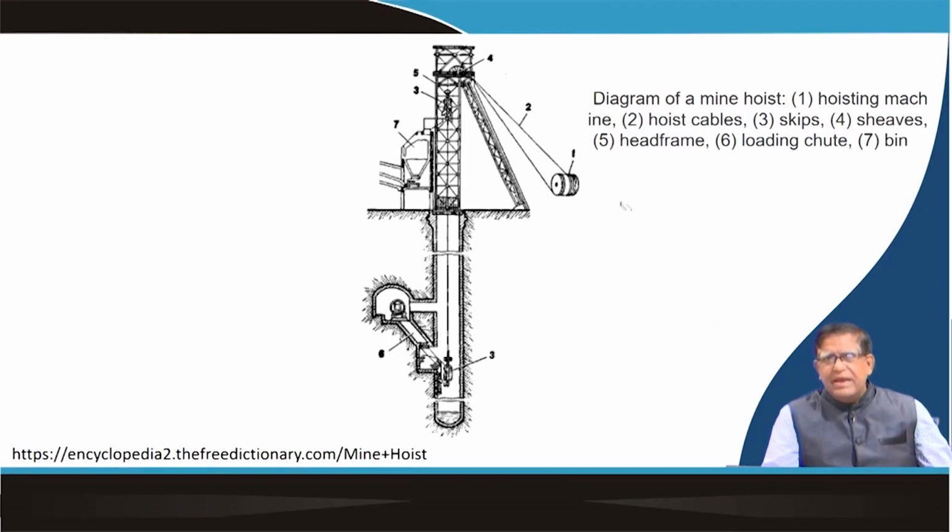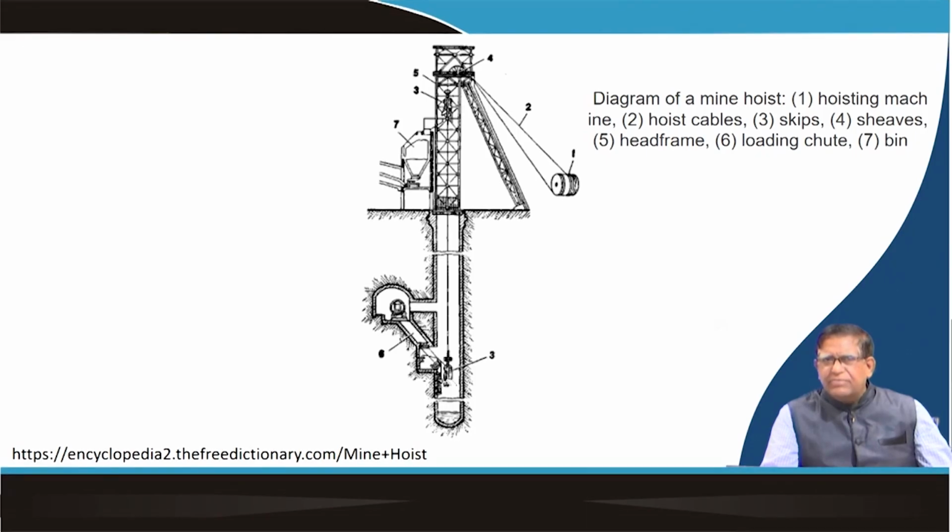So, you know here the basic components of a skip winding system: the main hoisting drum, and from here the hoist cables go to the skip, which is connected over here. It is at the loading station and at the unloading station, because in a skip winding system, when one is loading at the bottom, the other is unloading at the top.